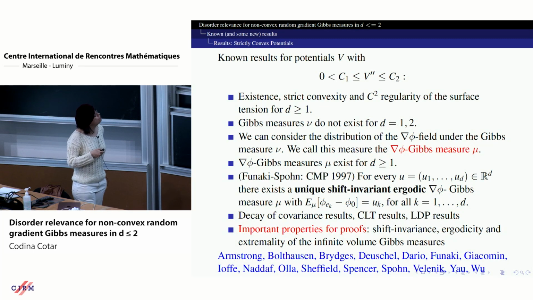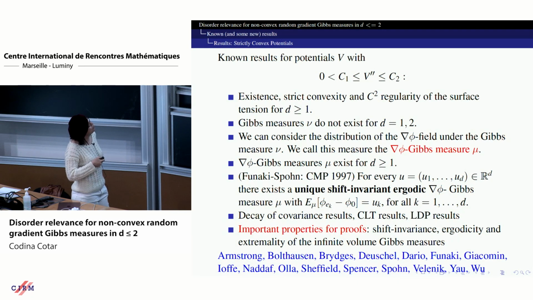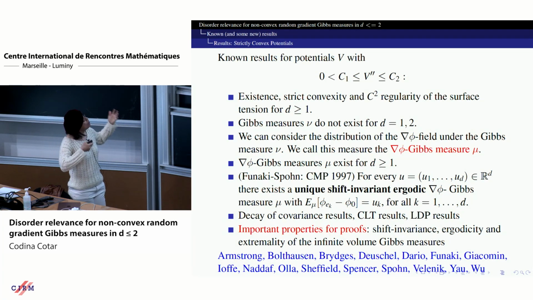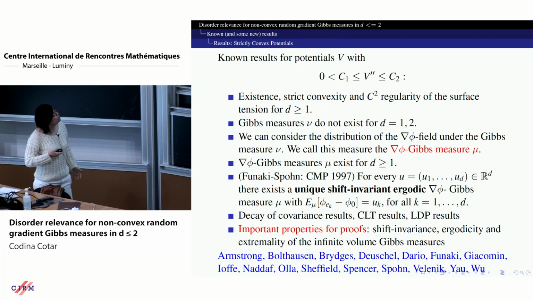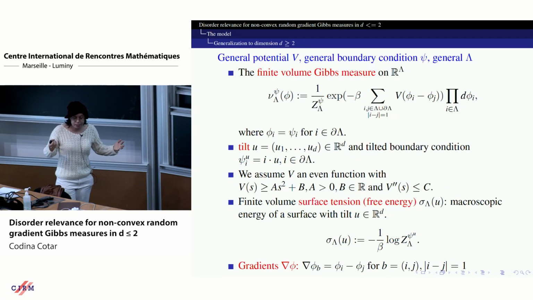In the paper of Funaki and Spohn, it was just C1, but in the more recent work by Armstrong and Wu, this was improved and a long open problem was solved. Then the next question is whether these infinite volume Gibbs measures exist.